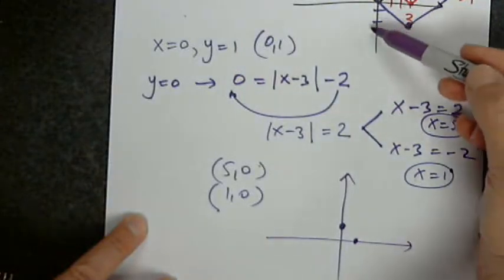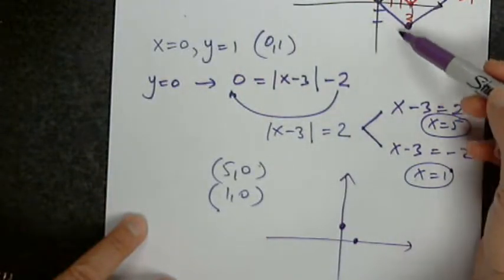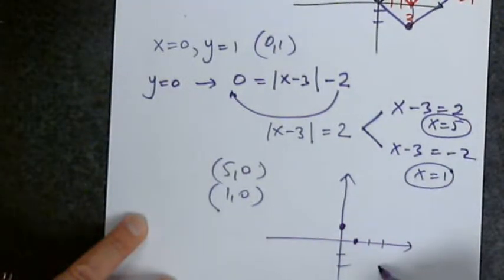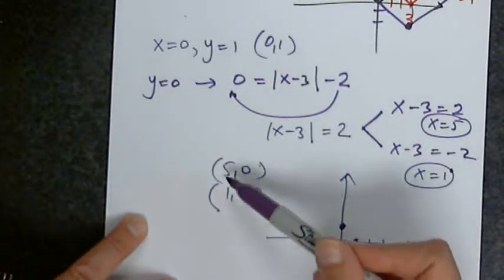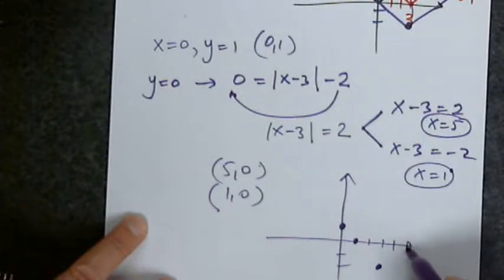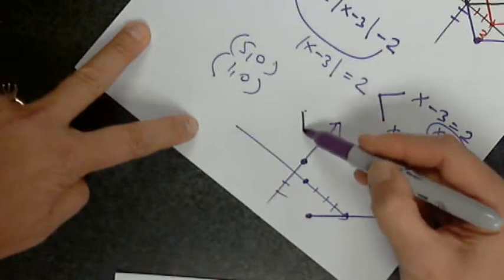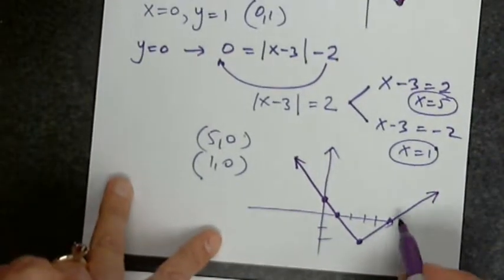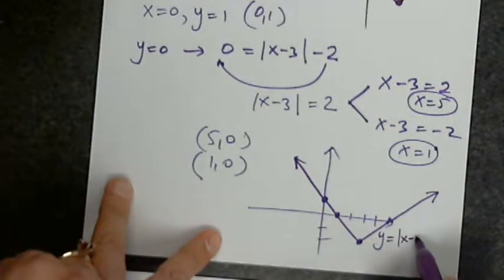And I know this point is very clear. There is no discussion here. It's 3, comma negative 2. Absolutely. And the other one is 5, comma 0. So this must be the graph. And I always have to label what I'm graphing.